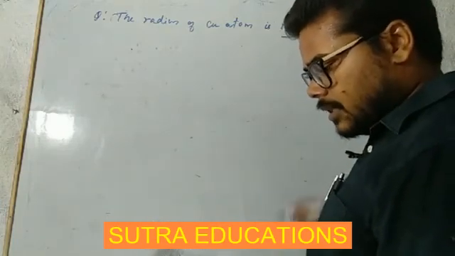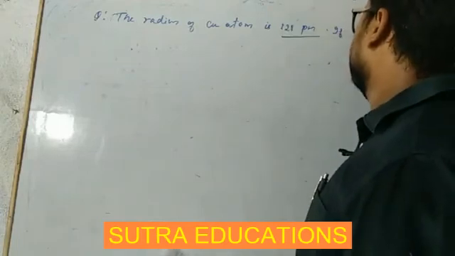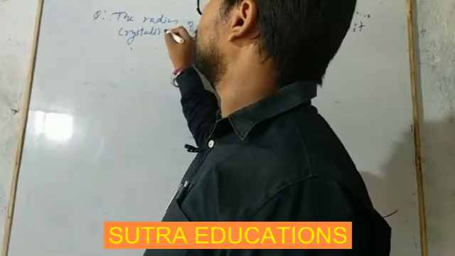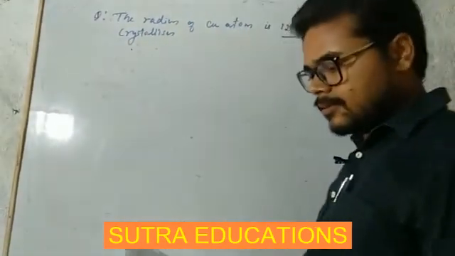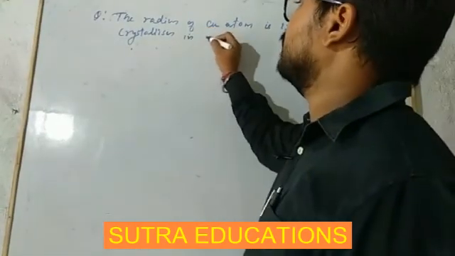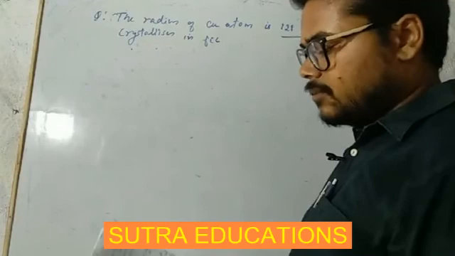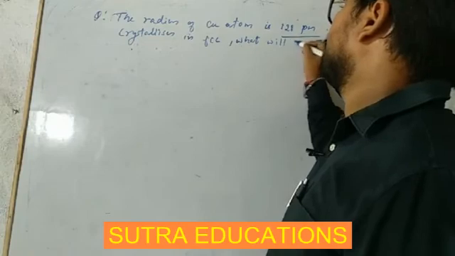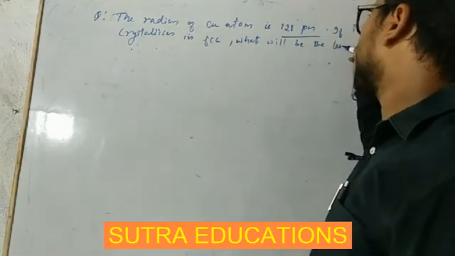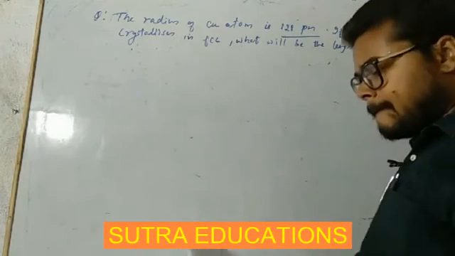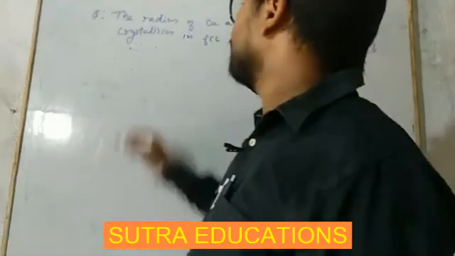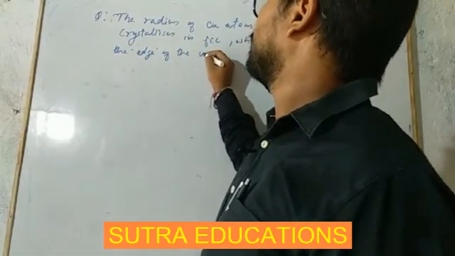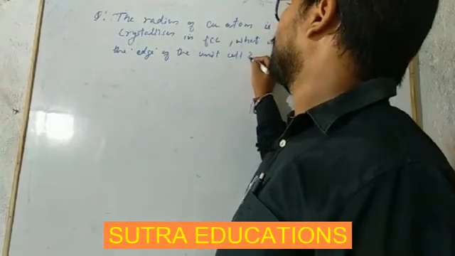If it crystallizes in FCC, what will be the length of the edge of the unit cell?